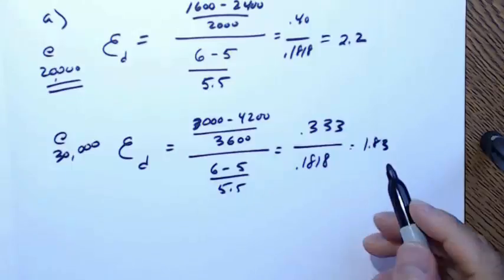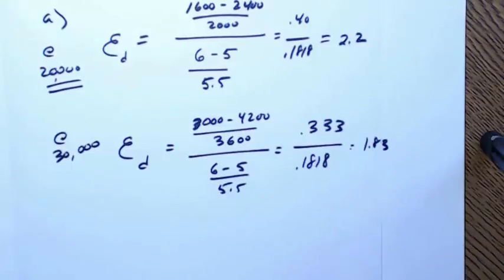A better way, I think, to interpret this is, as your income falls, you're more responsive to an increase in price. I think that makes a little more intuitive sense. When you're relatively lower income and you get faced with a price increase, you're more likely to react strongly to it than somebody who has a higher income.